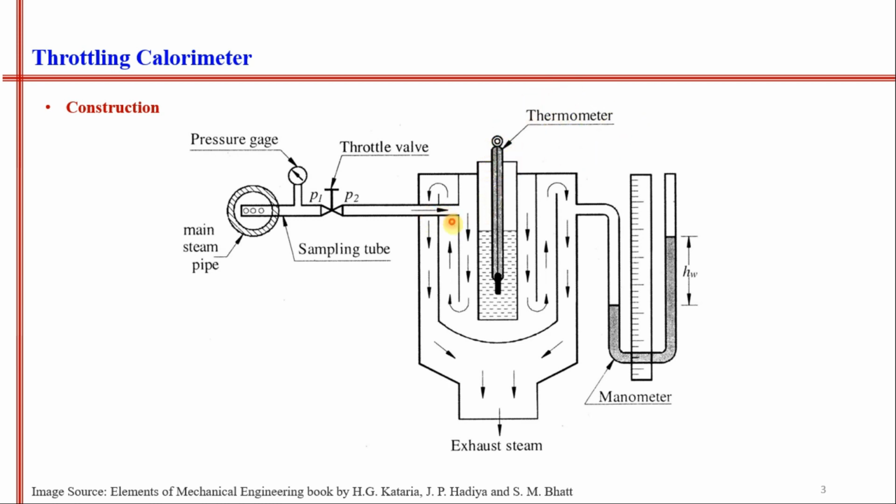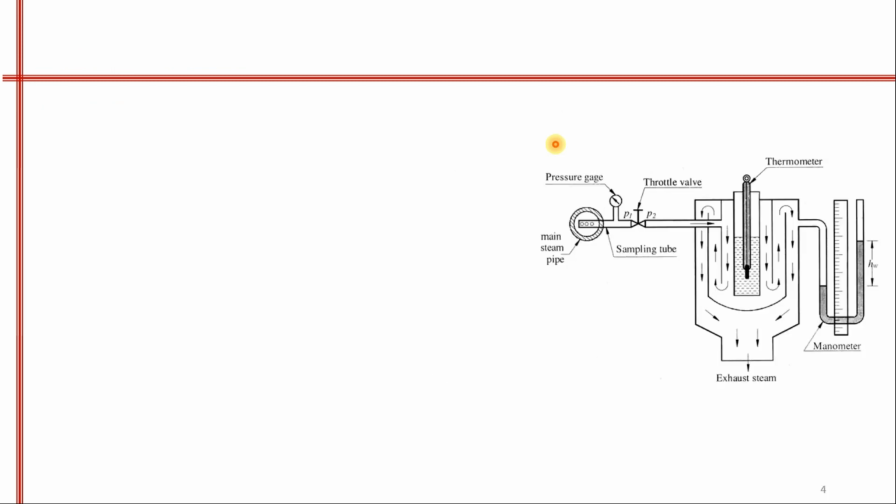This sinusoidal or zigzag pattern of the passage is made to achieve a higher pressure drop. This is the working, how the experiment will be performed. Now we will look at how to find the dryness fraction from the experiment.